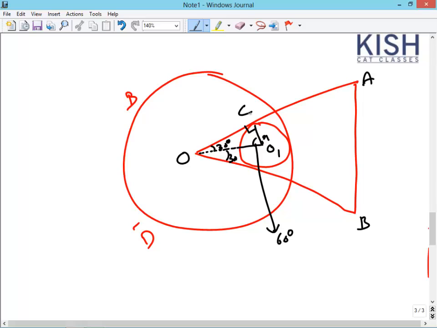Now, I just need to compare that OC. What is OC? Opposite to 30 is R, so OC is equal to R root 3. Then how much is O dash? 2R. So it is 2R. The next point, O dash to this point is R. So it means that the whole thing is 3R.